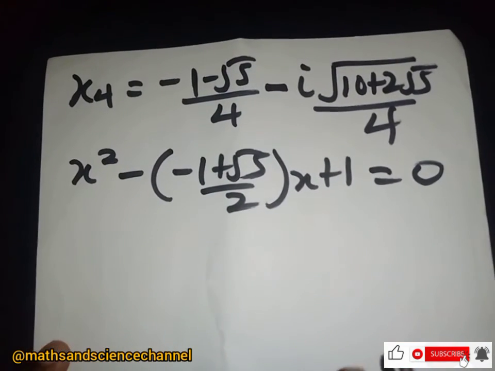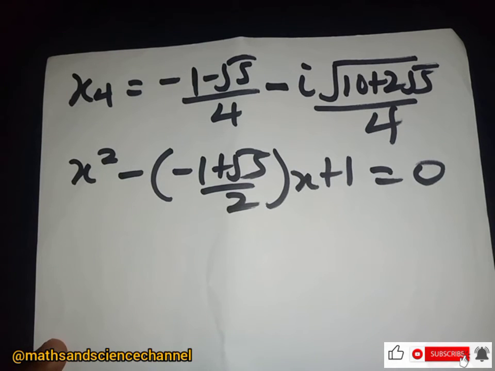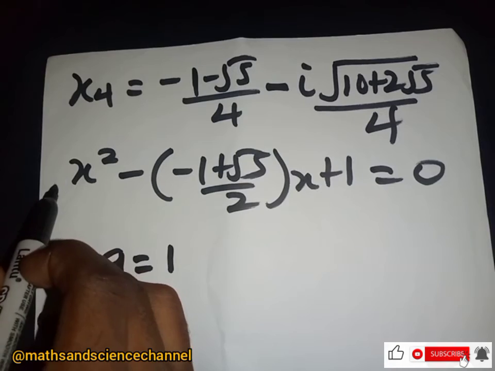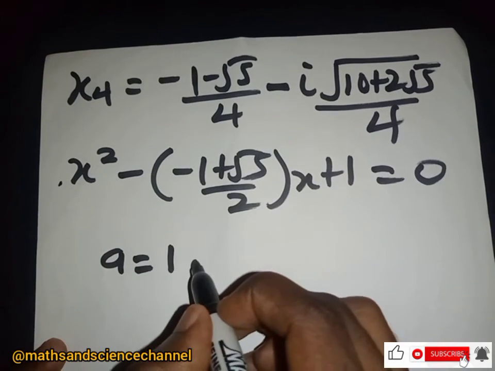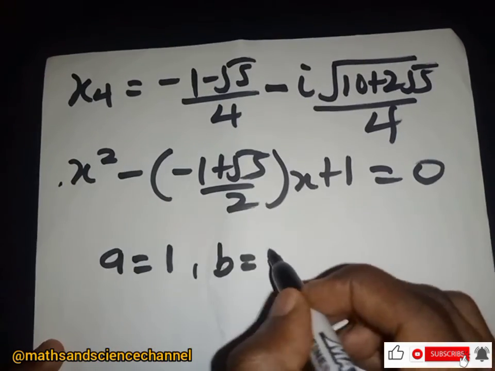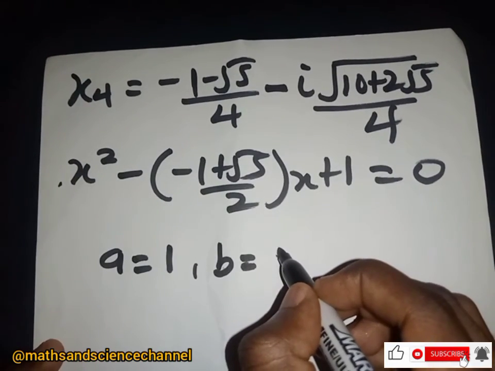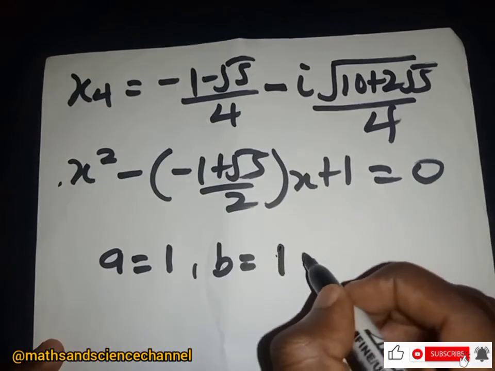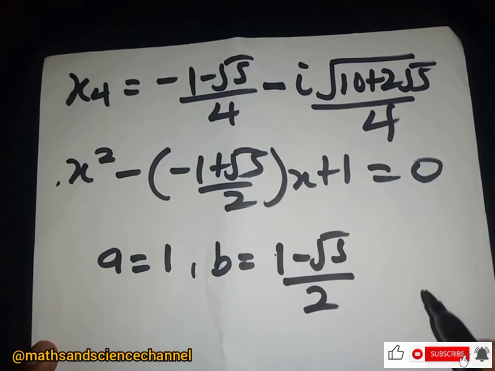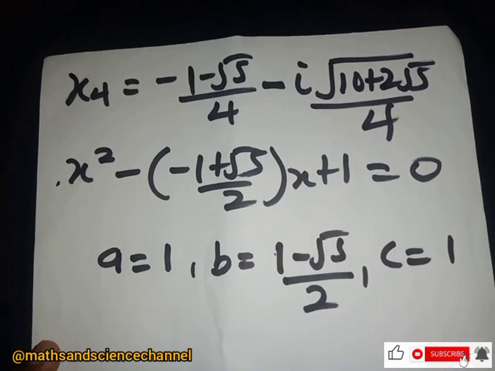You can try using the quadratic formula again, the one I quoted earlier. So you can use a being equal to 1, the coefficient of x squared is 1 here, and then b here will just be the whole of this. So let's multiply through. So we have 1 minus square root of 5 here, over 2 here, and then c here will just be 1.